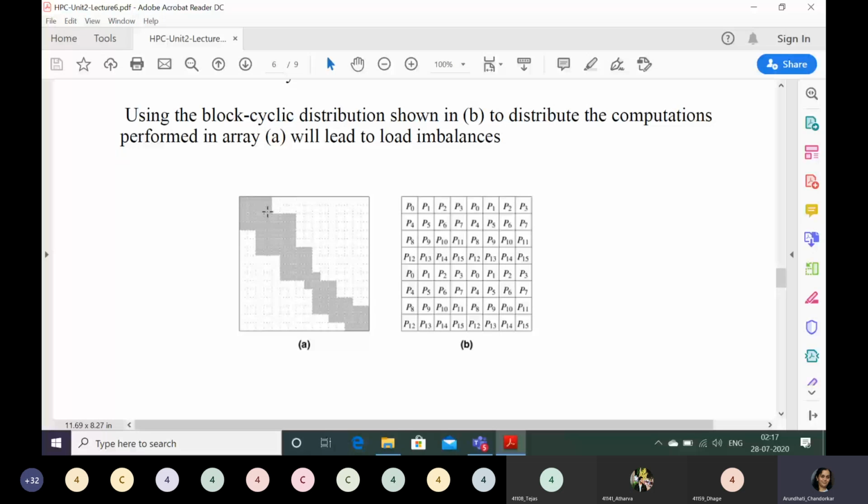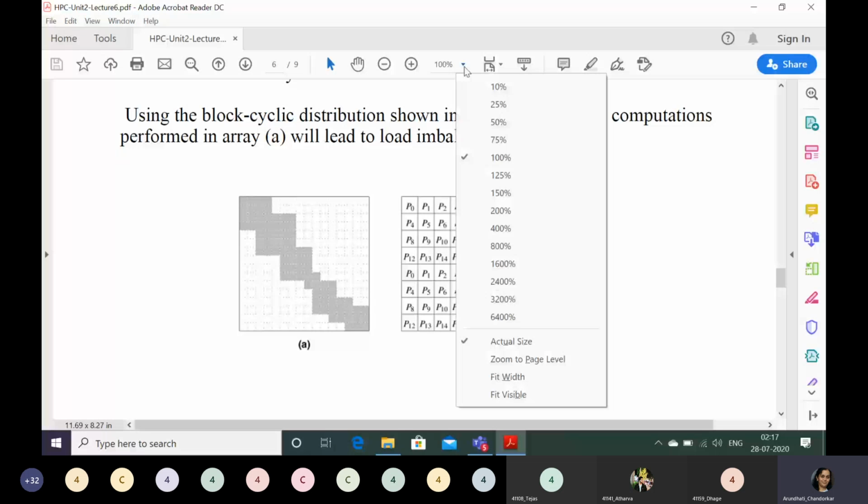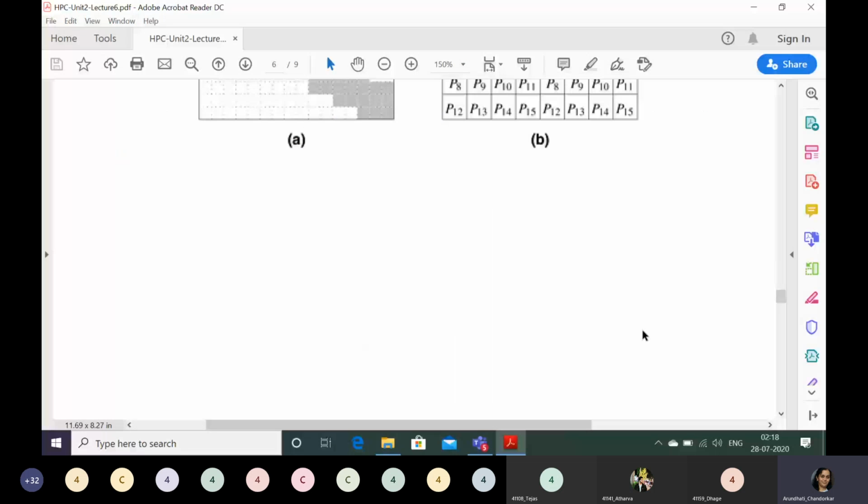So like this, load imbalance can happen even if you go for block cyclic. So how to solve such situations? Let us go ahead. That's why the randomized is there.